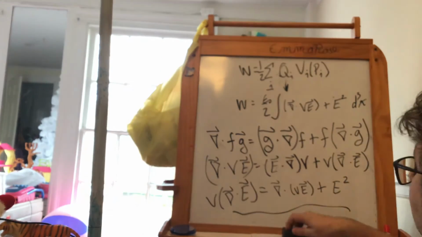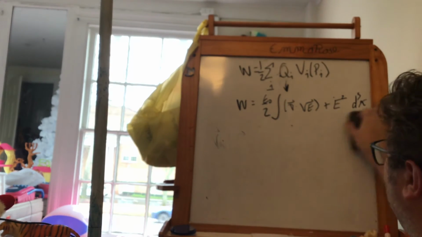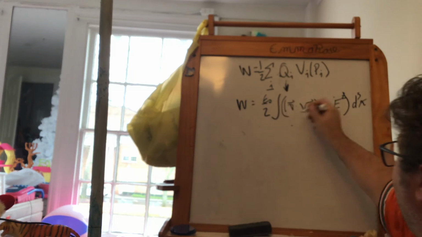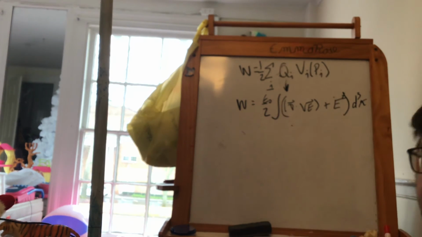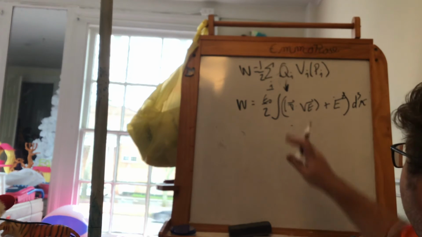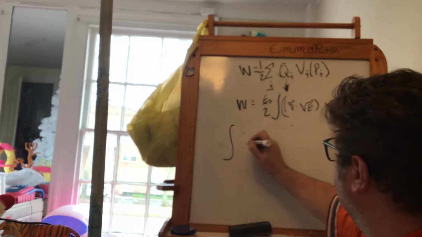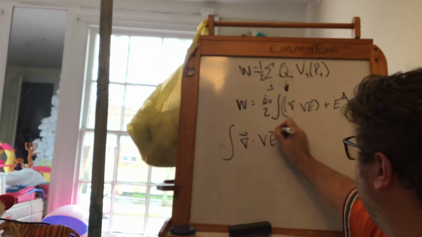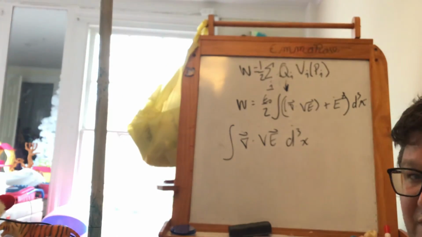Okay, so looking at this, this gives me two integrals I have to do. I have to do this integral with E squared, and I have to do this integral here with all that mumbo jumbo. So let's start with the mumbo jumbo integral first. That's going to be the divergence of V times E, d3x. What is that integral?